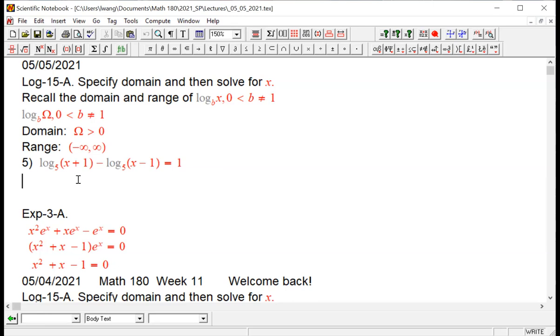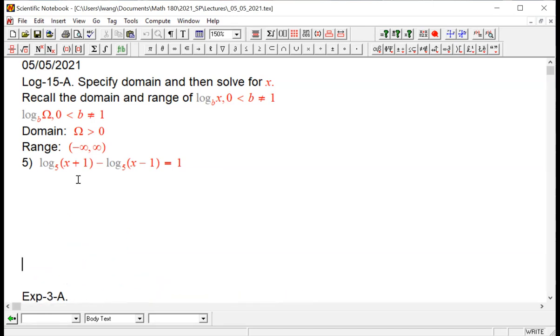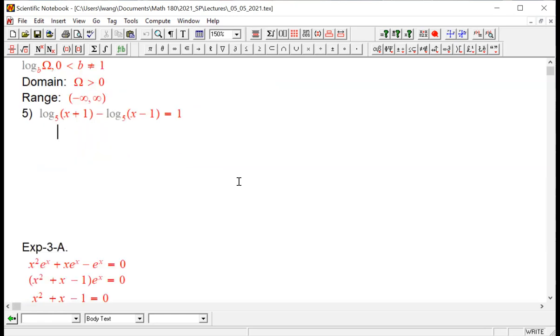So we have one logarithm base 5 subtracting the other logarithm base 5. How do we make it one single logarithm? Which rule do we apply? Product rule, quotient rule, power rule, which one? Do we still remember those rules?